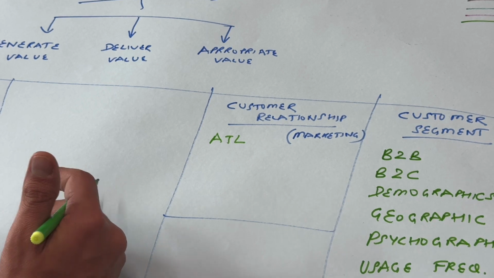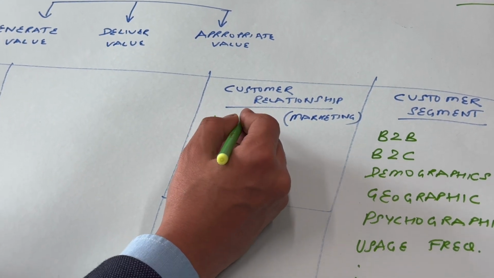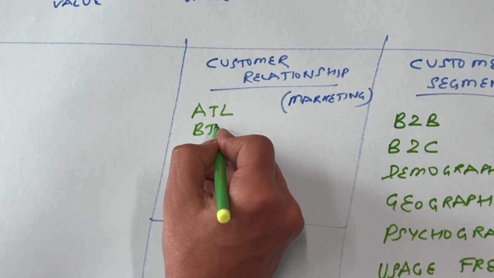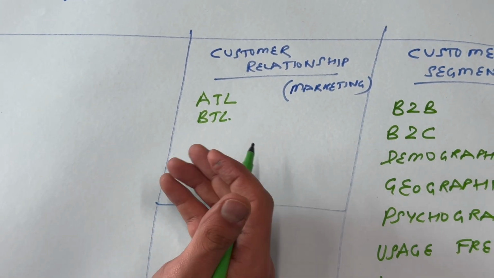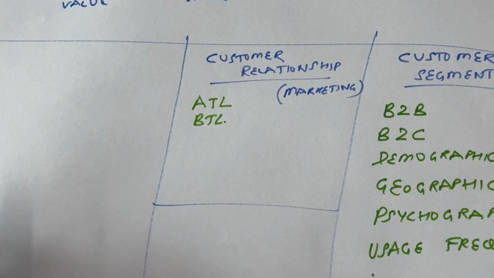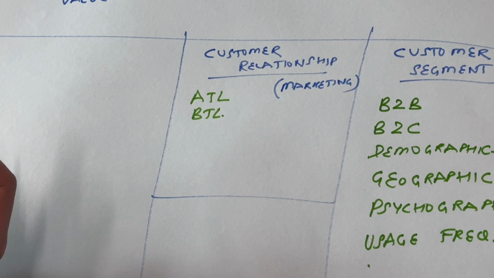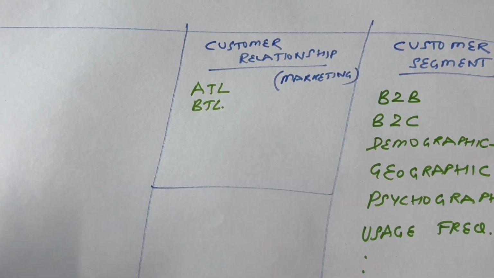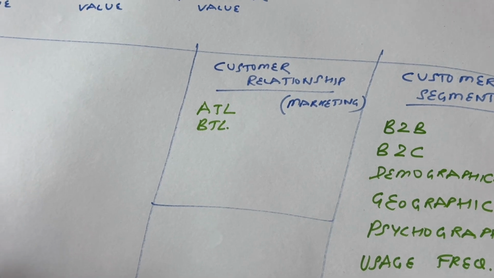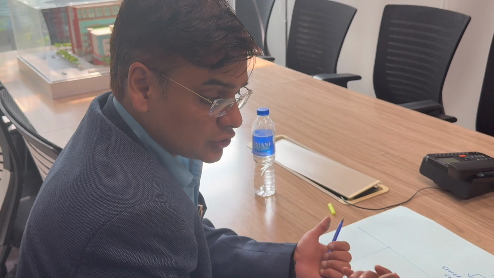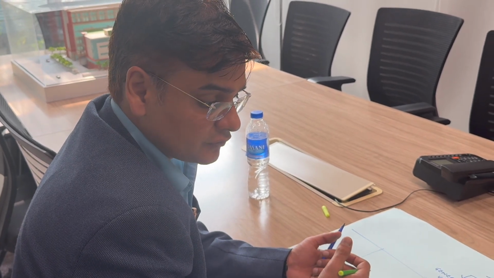So all the newspaper hoardings, etc., all called ATL, billboards. Then you have BTL, below the line. Now, below the line is something that happens through social media or through some campaigns. For example, the Jaago Re campaign by Tata Tea was a BTL activity. Or for example, some of the social campaigns that organizations do. Amul's very creative ads that come based on some social situation are again examples of BTL.